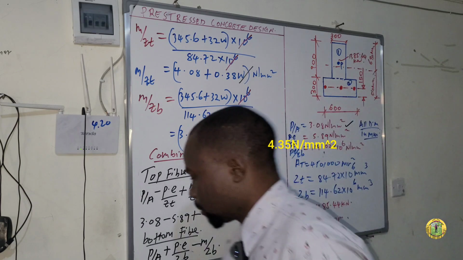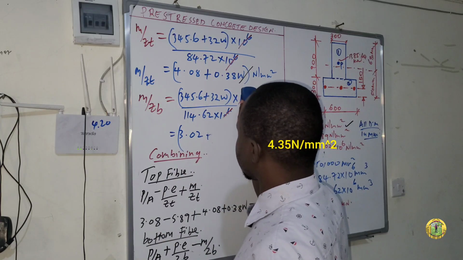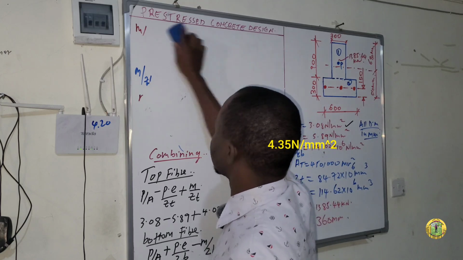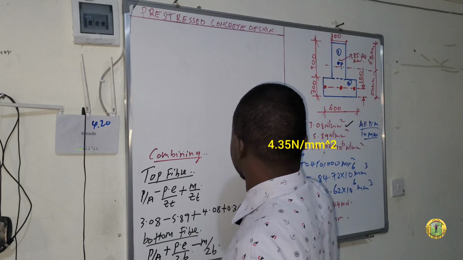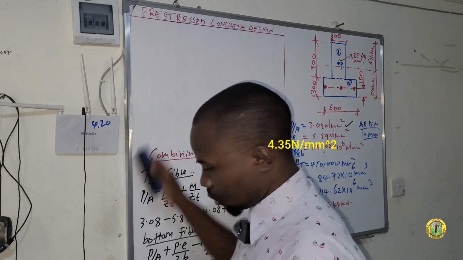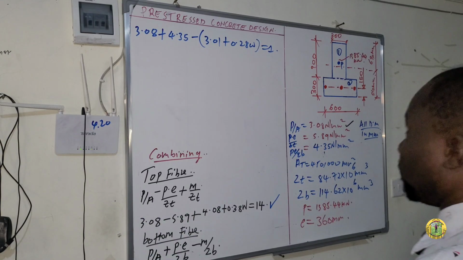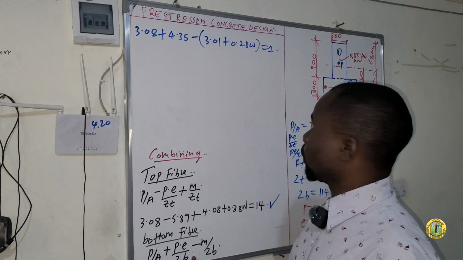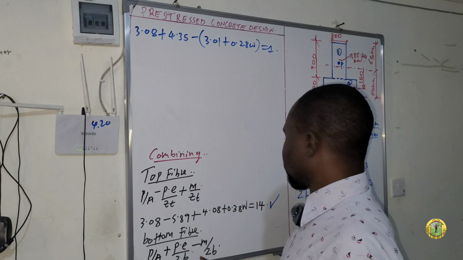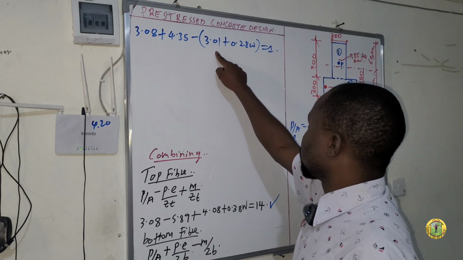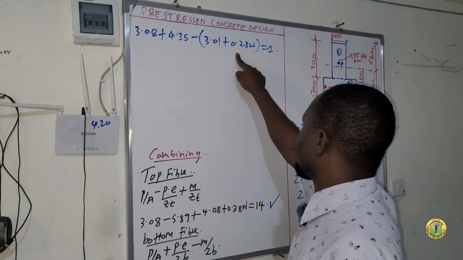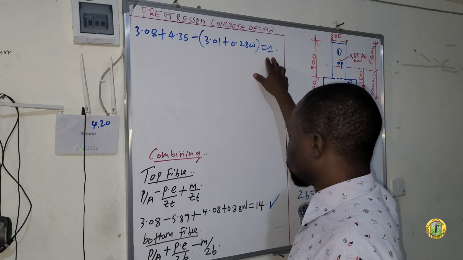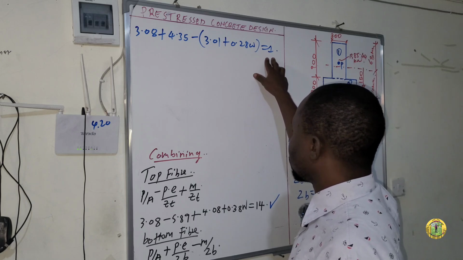So for the bottom fiber, P over A is 3.08, plus PE over Z bottom is 4.32, minus M over Z bottom, which is 3.01 plus 0.28 W, and the limit for the tension is equal to 1. So the bottom part is in tension, so this one is equal to 1.